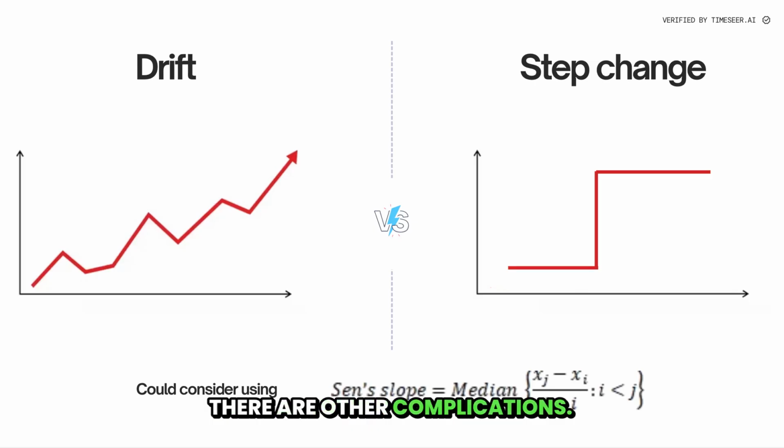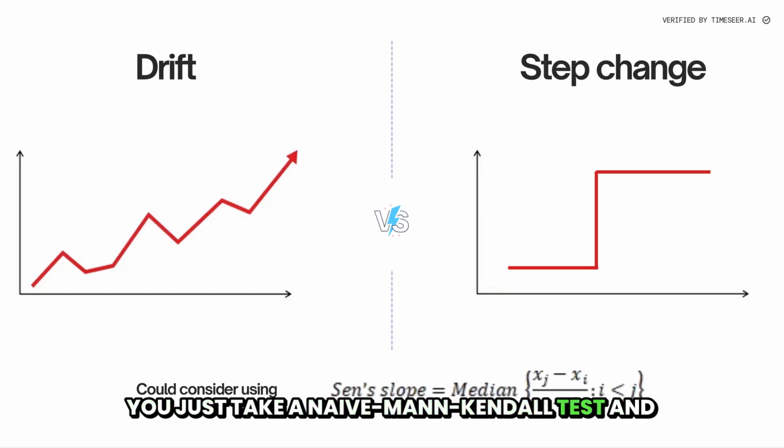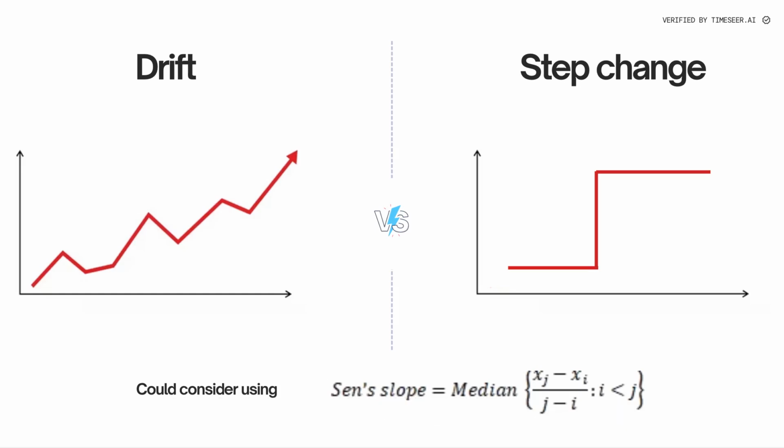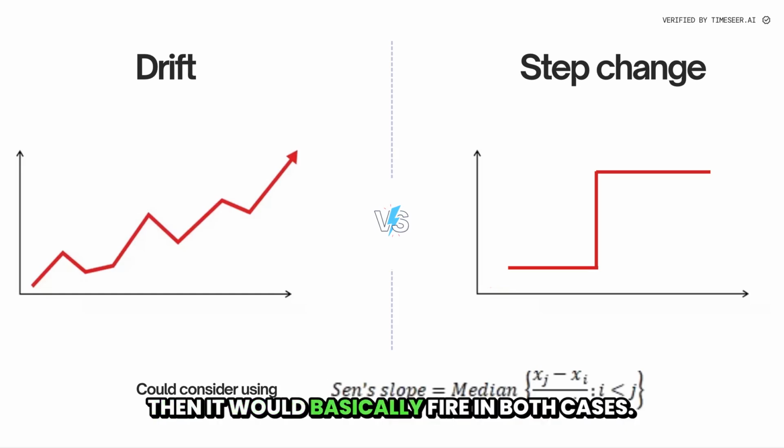There are other complications, and one of those complications is that if you just take a naive Mann-Kendall test and you apply it on a signal that is slowly drifting versus a signal that has a step change, then it would basically fire in both cases. It would tell you that something is off in both cases, but maybe you want to make a distinction between a step change and a slow drift.